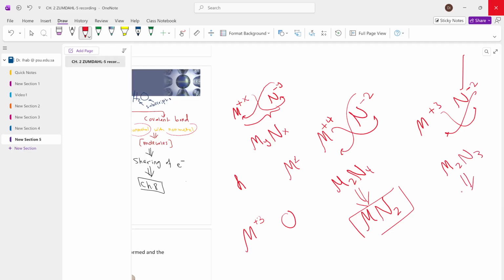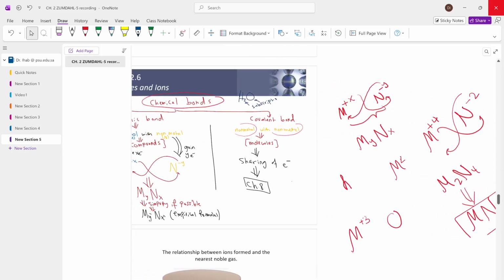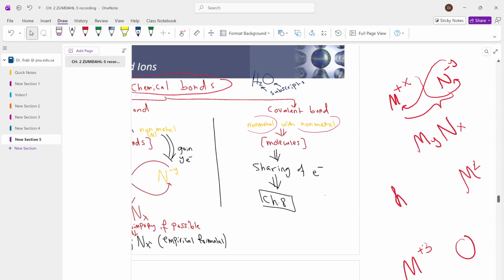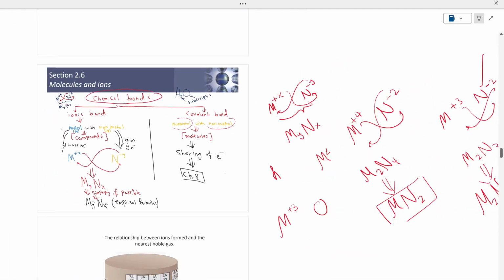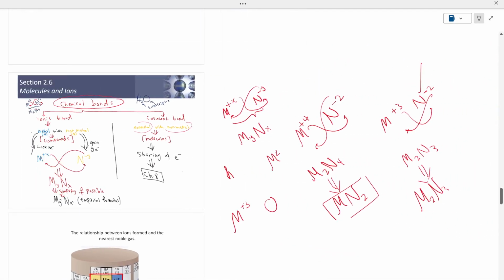Can you simplify M2N3? No, you cannot simplify it. So this will be the final formula of the resulted compound. This is how ionic bonds are formed.